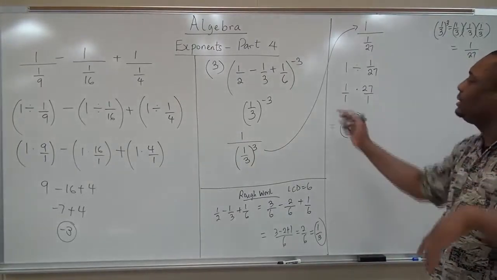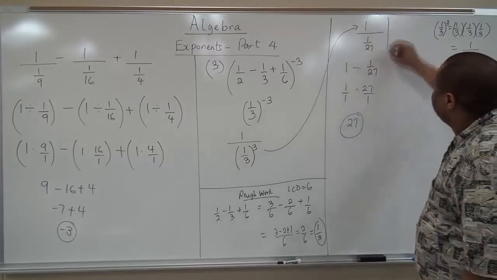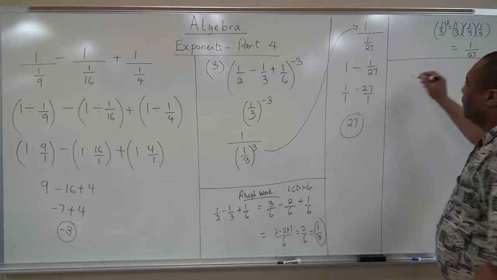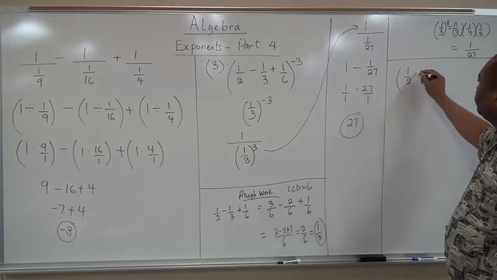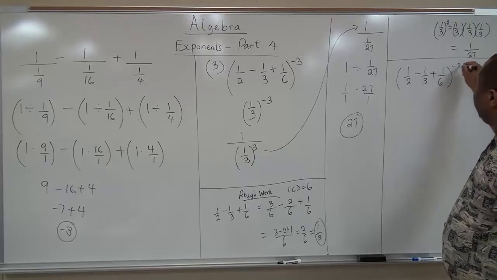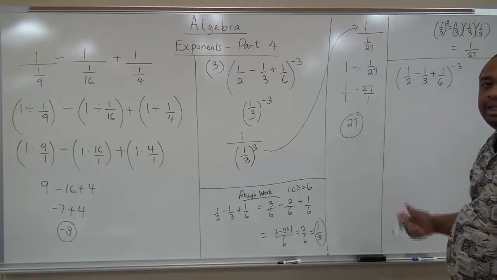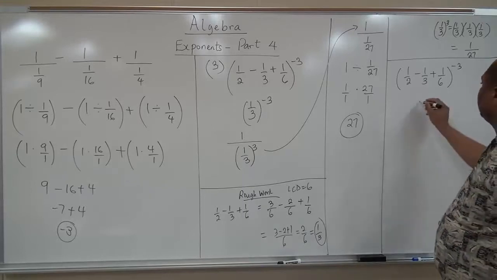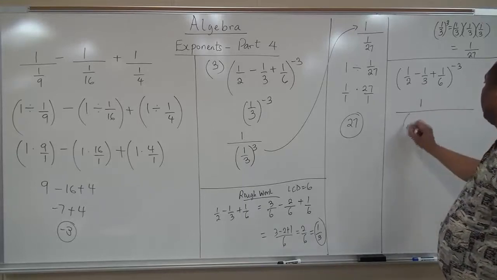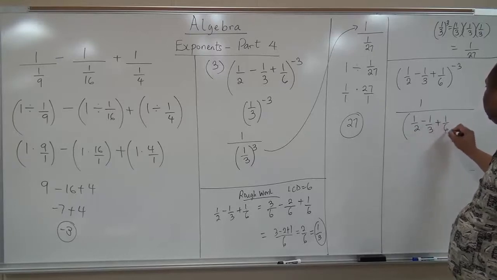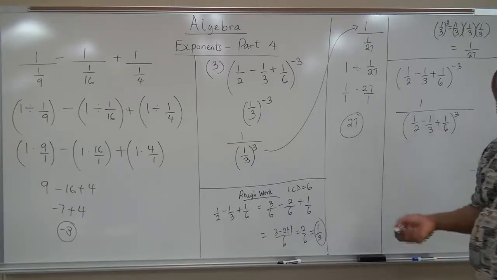Another way you can do it is, from 1 over 2 minus 1 over 3 plus 1 over 6 exponent negative 3, you can change it to a positive exponent first. So this becomes 1 over 2 minus 1 over 3 plus 1 over 6 exponent 3.